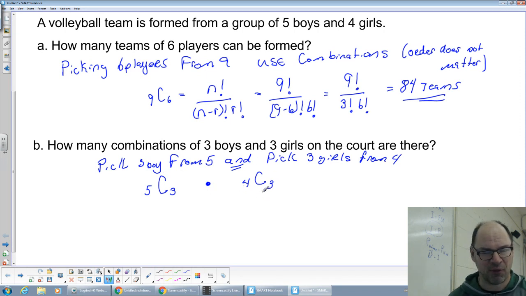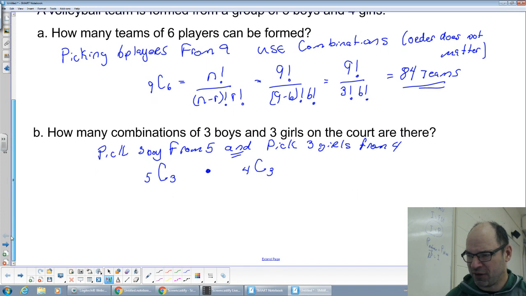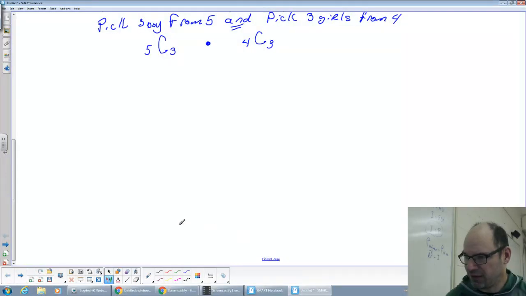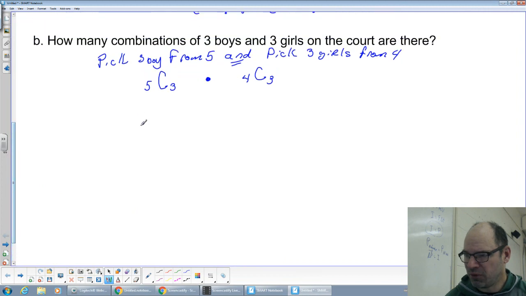The counting principle that we learned about on the very first day of this unit says that when you are doing two events together at the same time, then the product of those two events gives you the total number of ways that they can be arranged or combined in this case. So 5C3, we'll do that underneath here.